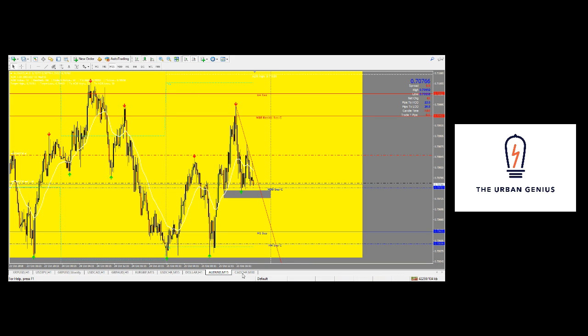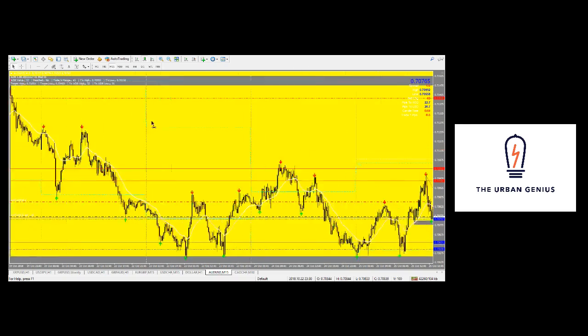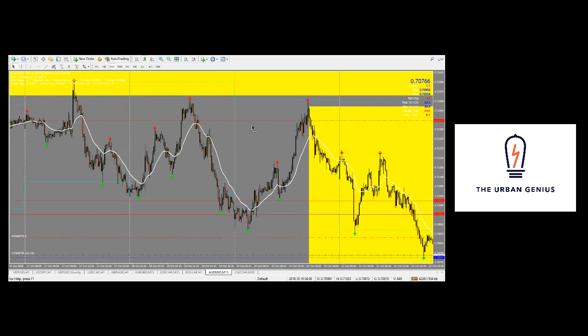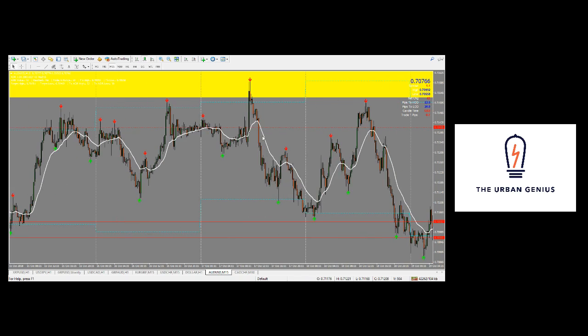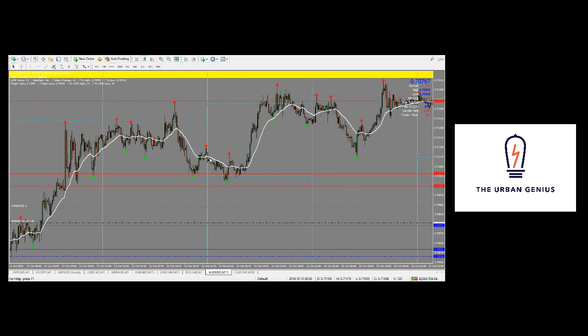Let's do another one. Alright. I'm going to stay on the same pair. I'm just going to look for some more levels. Here's a daily 3-level pattern.